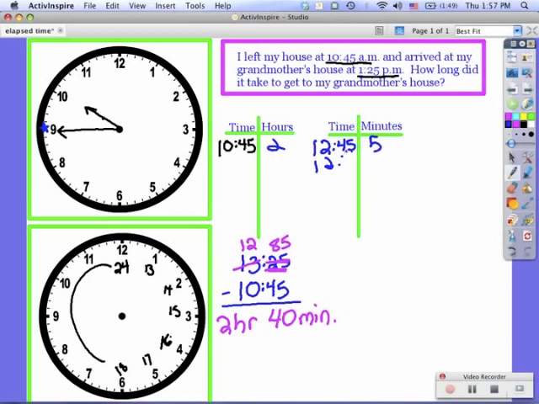That would make it 12:50. 12:55. 15 would make it 12. It would make it a 1 now. And so it's 1 o'clock.